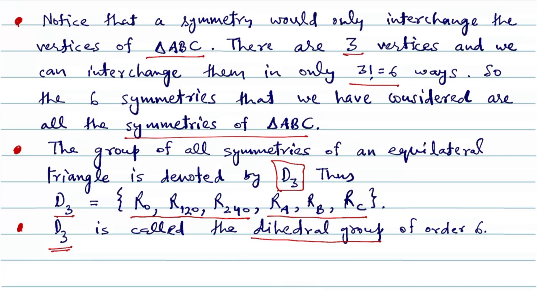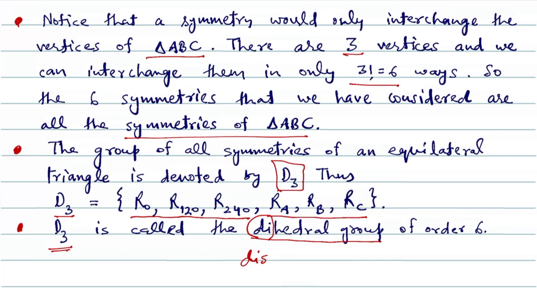The word hedral comes from the Greek word hedra, which means a face of a geometrical solid, and the word di also comes from the Greek word dis, which means twice. So a triangle ABC has two faces as a geometrical solid. That is why it is called a dihedral group.